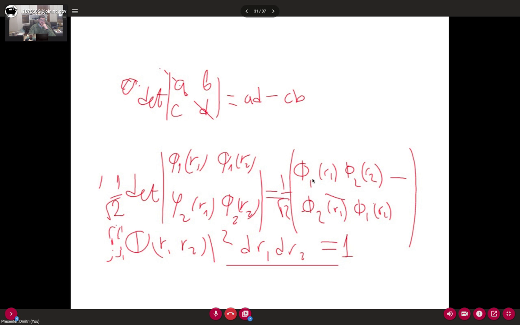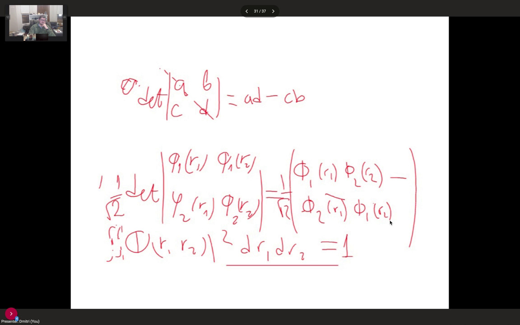First will be phi 1 R1, phi 2 R2, where index of electron coincides with index of quantum state. And the second one will be inverse order of the indices, phi 2 R1, phi 1 R2. This is what was declared in order to have a good electronic wave function.